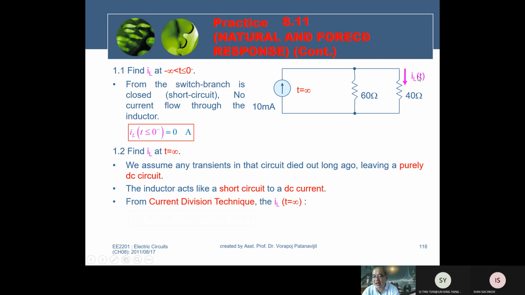You can determine IL using the current divider technique. IL is equal to the total current, 10 milliamp, multiplied by the resistance in the other branch, the 60 ohm, divided by the sum of them, 60 plus 40, which gives you 6 milliamp.